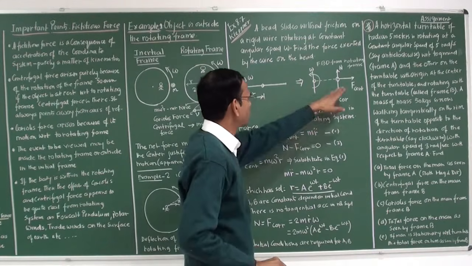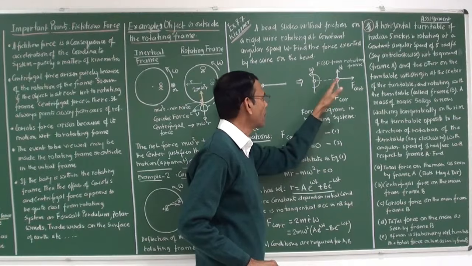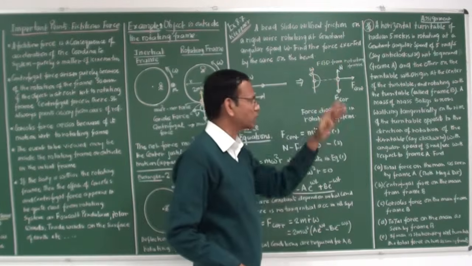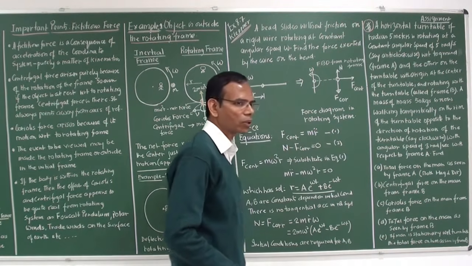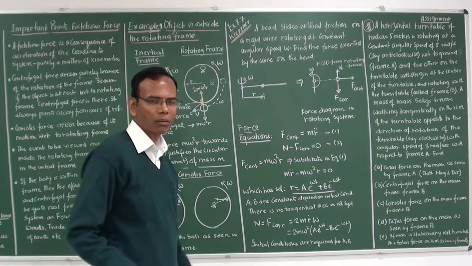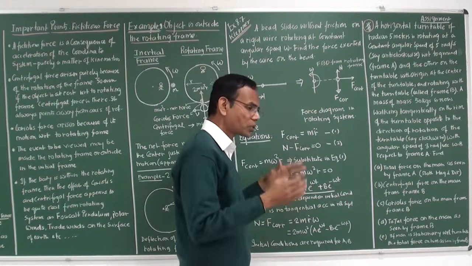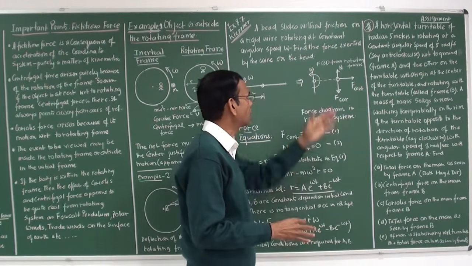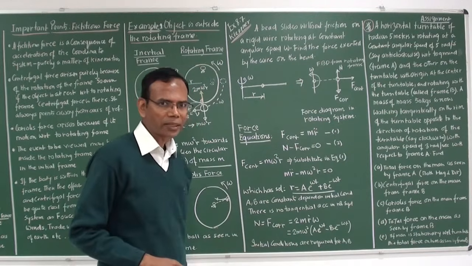So F centrifugal, obviously, is in this frame. In this frame, he is not seeing any rotation. It is only the body going outward. So F centrifugal is m r double dot. On the other side there is no acceleration, because from the frame which is sitting on the particle, there is no acceleration along the tangential direction.